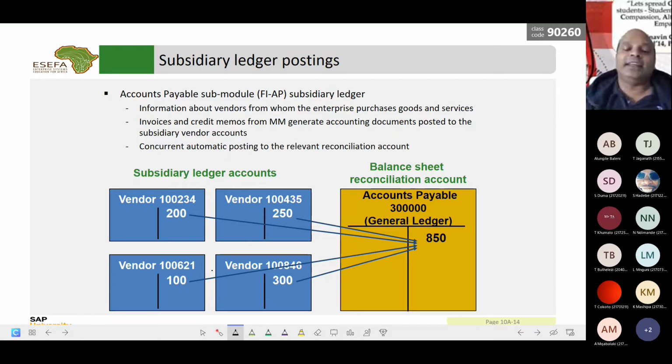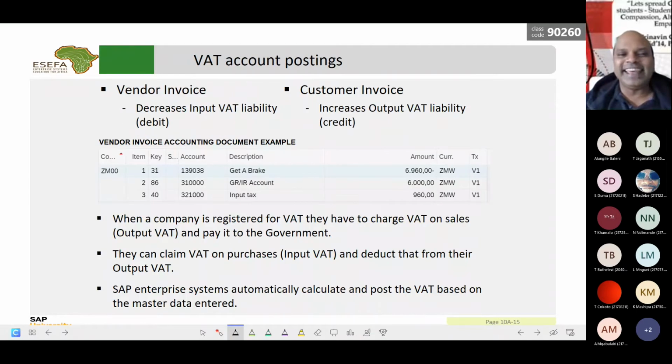Your bank will be debited, and the money will go into the Get a Break account. All that takes place in the background, and ultimately, magic, it'll appear on the balance sheet, right? Well, not exactly magic, but it would appear, right? So there's the Get a Break.